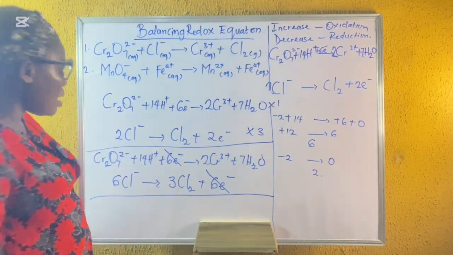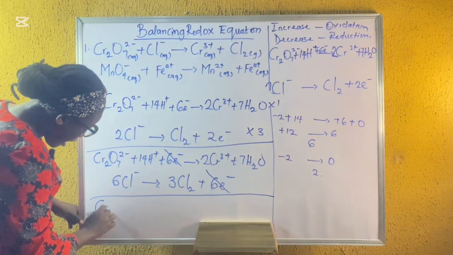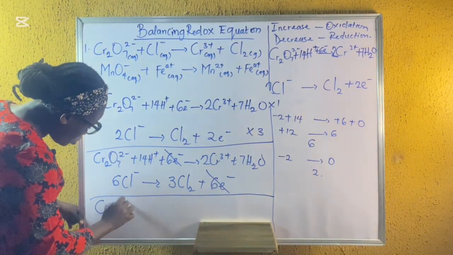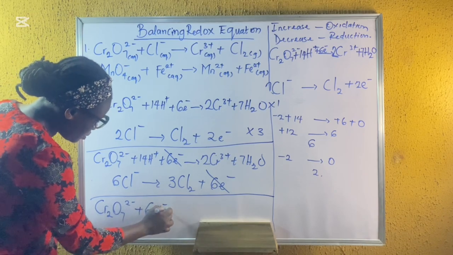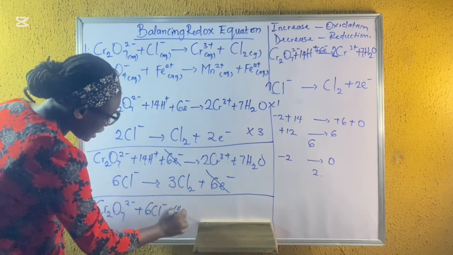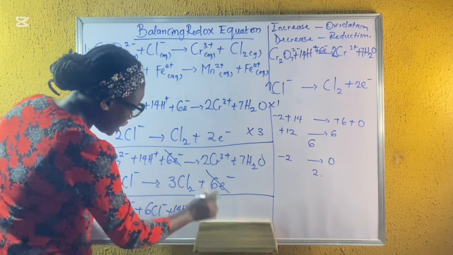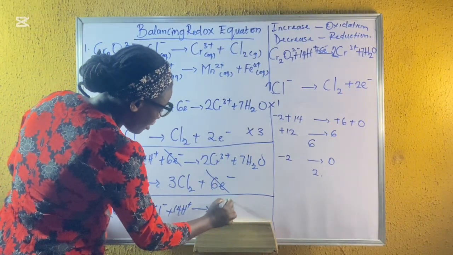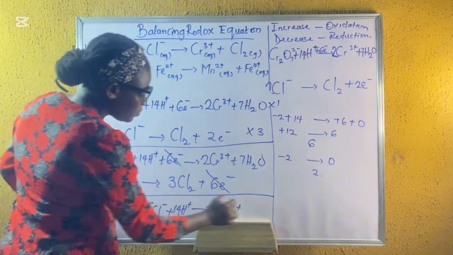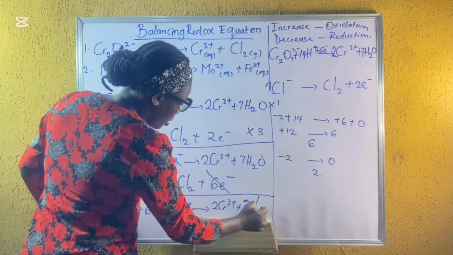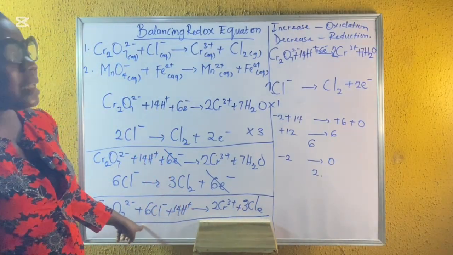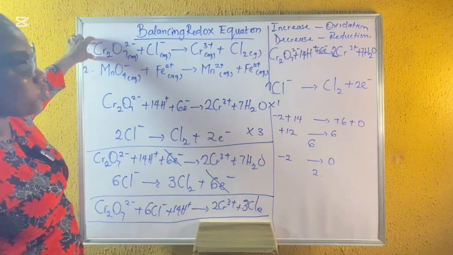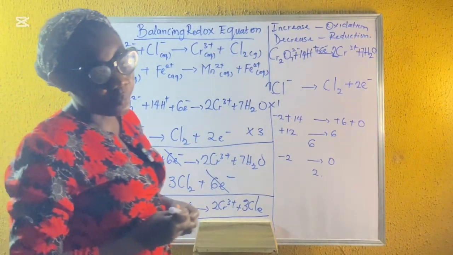And I have my final answer to be Cr2O7 2- plus 6Cl- plus 14H+ to give 2Cr3+ plus 3Cl2 plus 7H2O. So this is the balanced equation for this redox reaction.